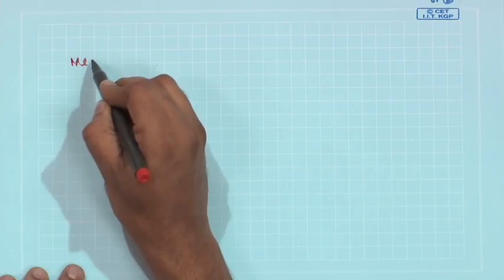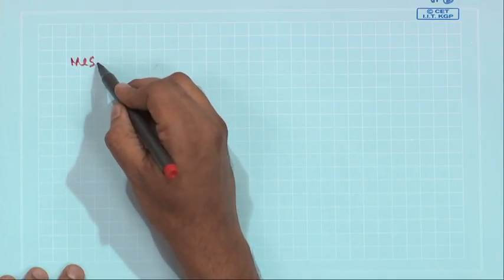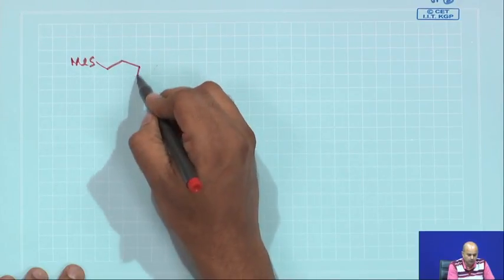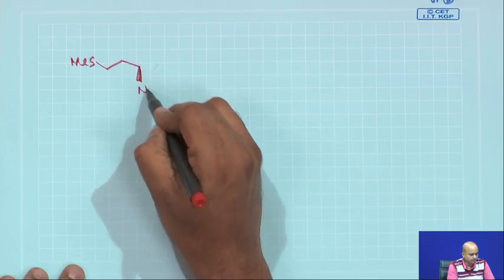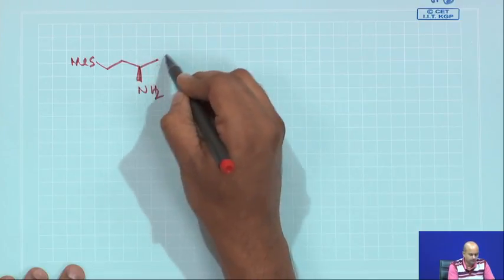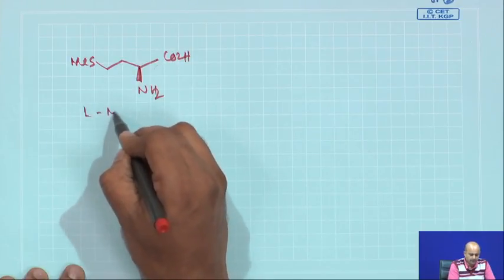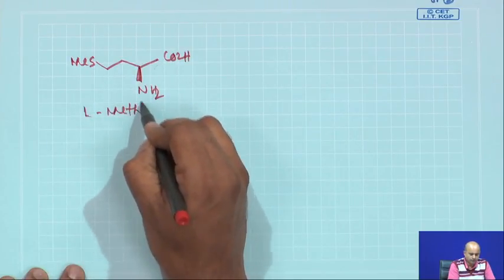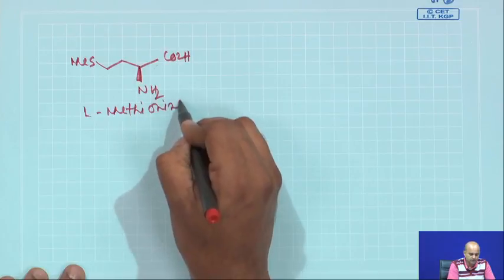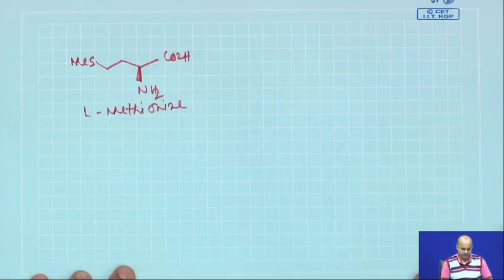My answer will be yes, you can definitely do it, but you need to know the structure of the amino acid in a true sense. I am now drawing the structure of another amino acid which also belongs to the L family. The amino acid which I am now drawing is named L-methionine, which is also a naturally occurring L-amino acid, so it is very cheap.